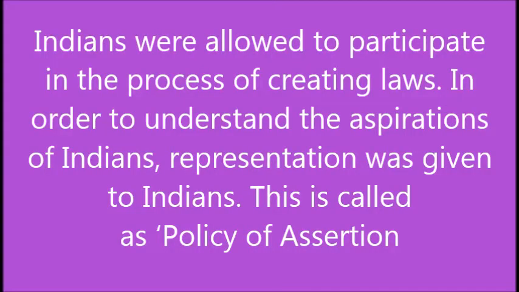With this act, Indians were allowed to participate in the process of creating laws. In order to understand the aspirations of Indians, representation was given to Indians. This is called the policy of assertion. The following are the important features of this act.